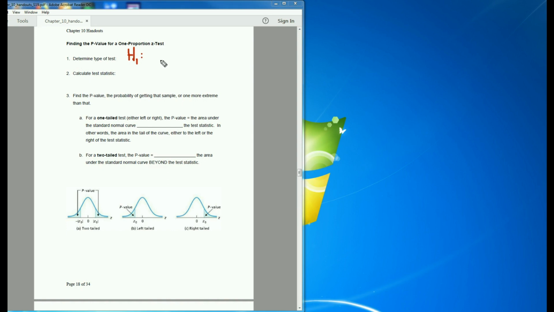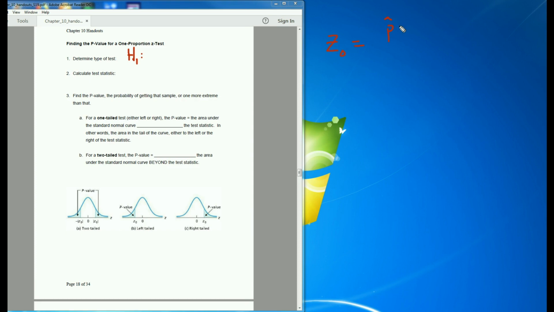So it's either going to be a two-tailed, a left-tailed, or a right-tailed test. Second, you have to calculate your test statistic. And again, that is exactly the same. I'm just going to write it off here so I have a little more room. Your test statistic is calculated exactly the same way.